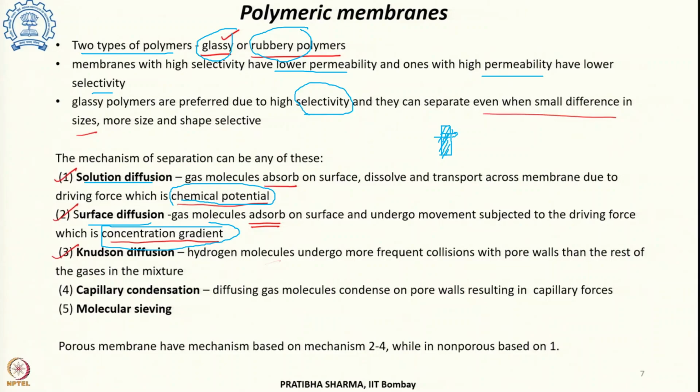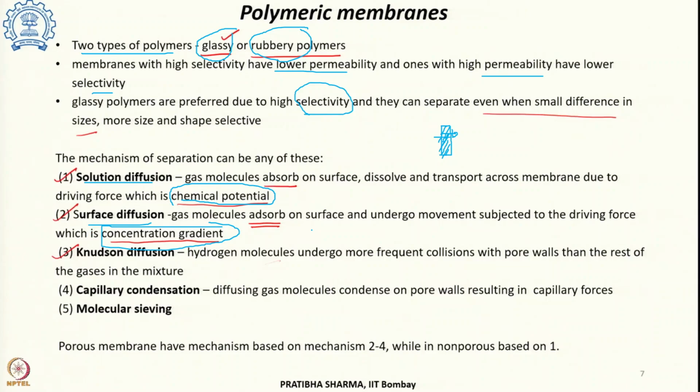This H plus ion will transport chemically from one side to another side in ionic conditions with a hydration radius, with hydration conditions, by using the hopping mechanism or vehicular mechanism. This is the solution diffusion process.